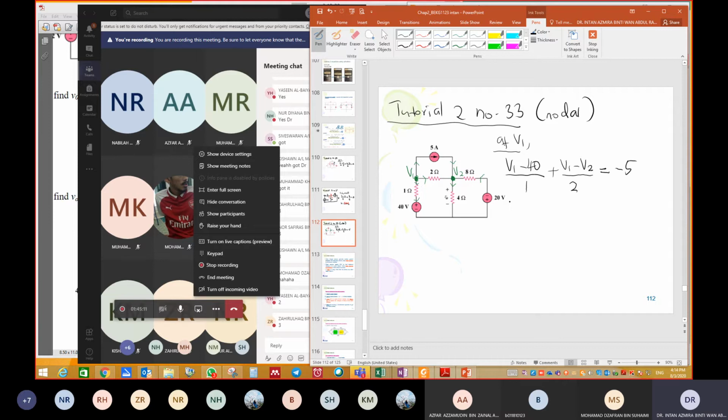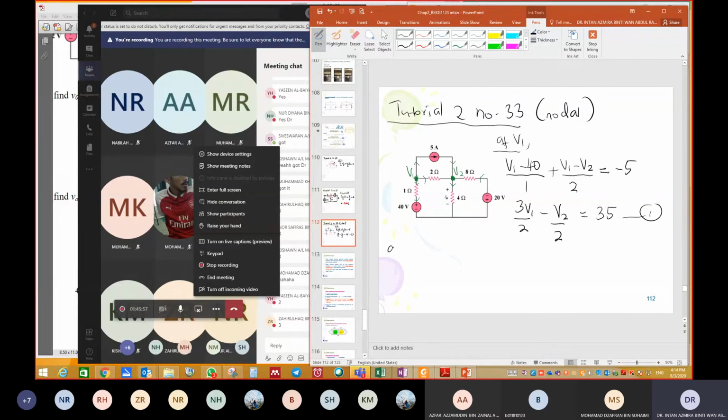So you will get minus V2 over 2, okay, equal to minus 5 plus 40, equal to 35, right? Okay, this is your first equation.